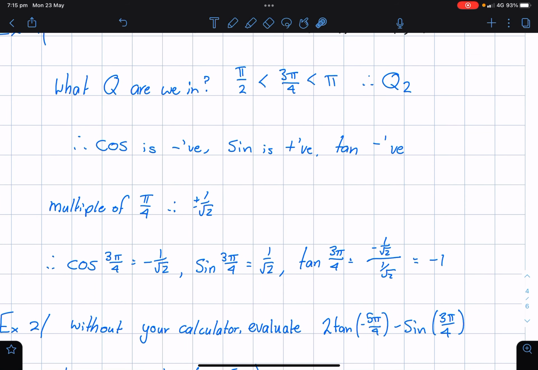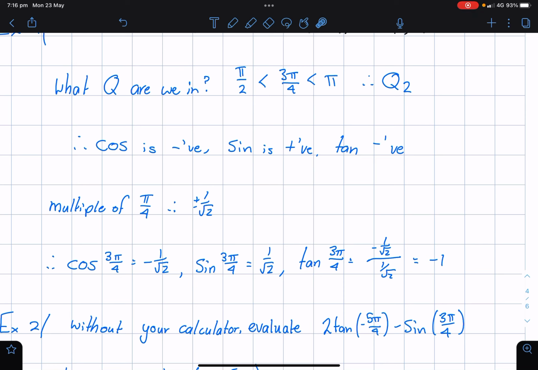Without your calculator, I want you to evaluate 2 times tan of negative 5 pi on 4 minus sine of 3 pi on 4. With these questions, what I like to do is evaluate these two terms individually. So tan of negative 5 pi on 4 and sine 3 pi on 4, and then substitute them back in.